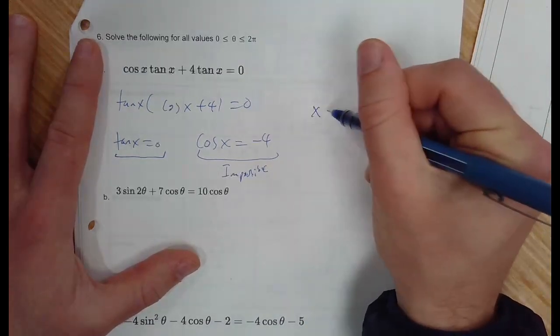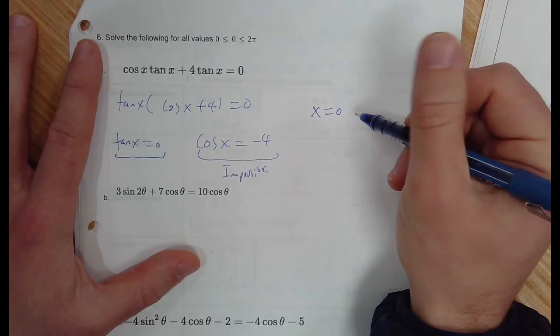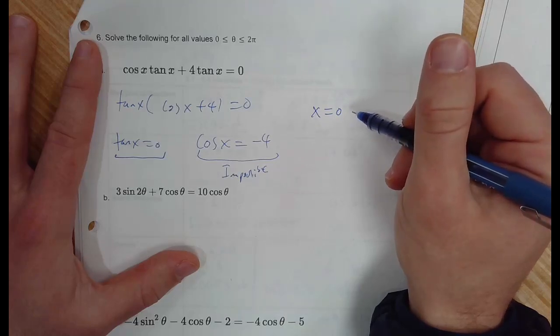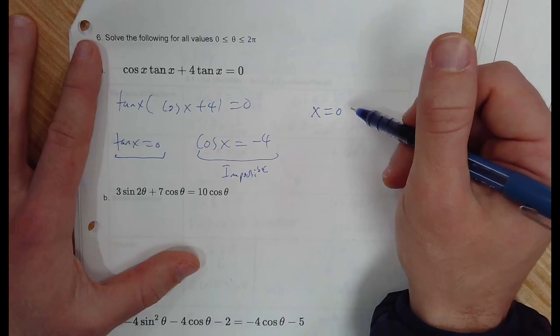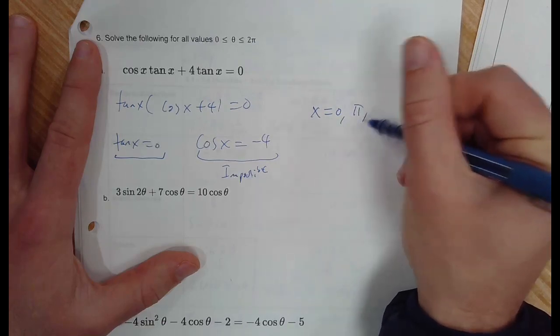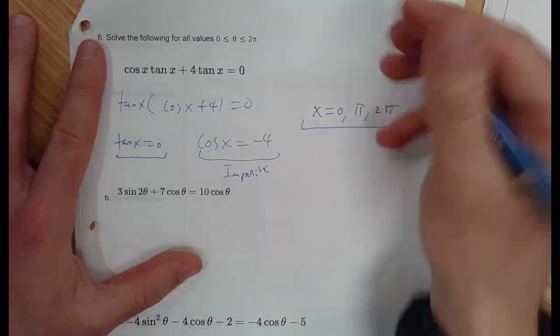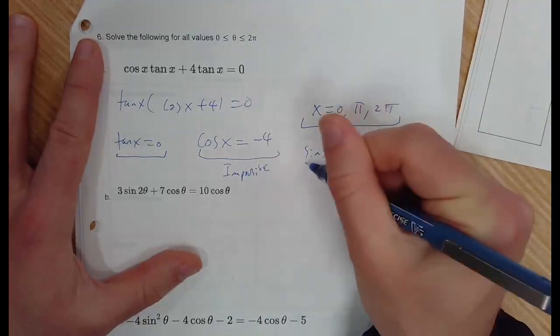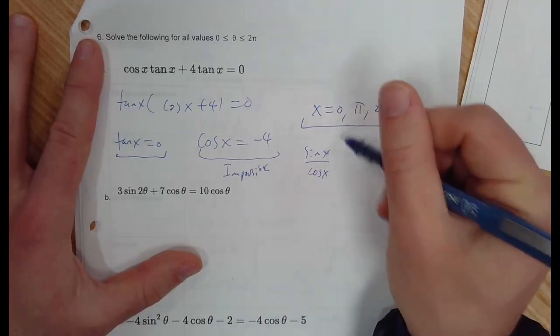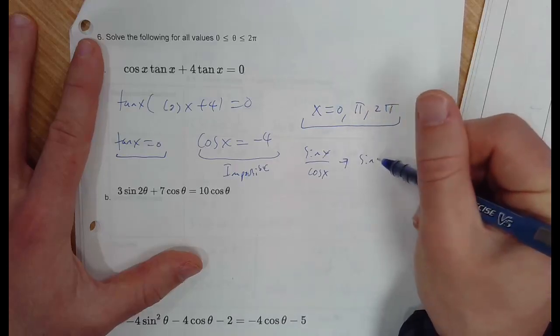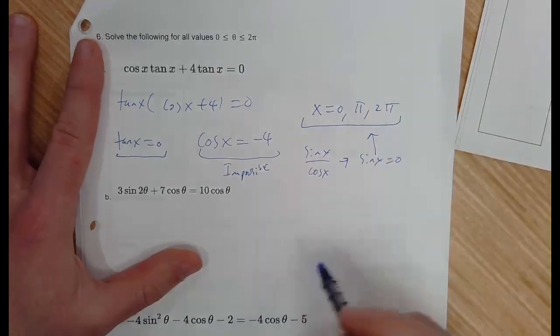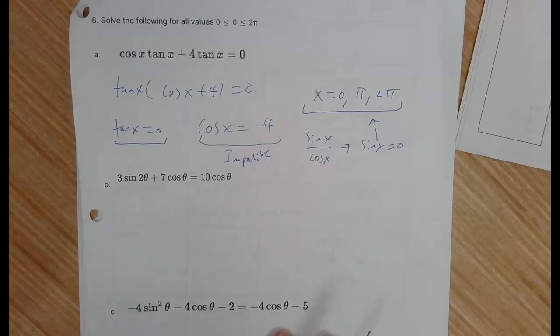So x would have to be 0, or pi, or 2 pi. That's when tan is 0. So again, tan is sine x over cosine x. So what I'm listing here is basically when does sine x equal 0? That's these values.